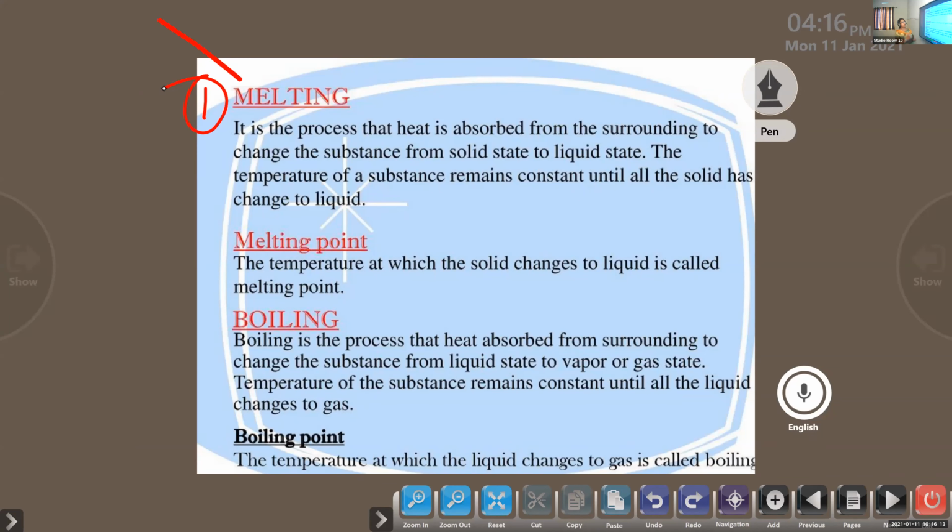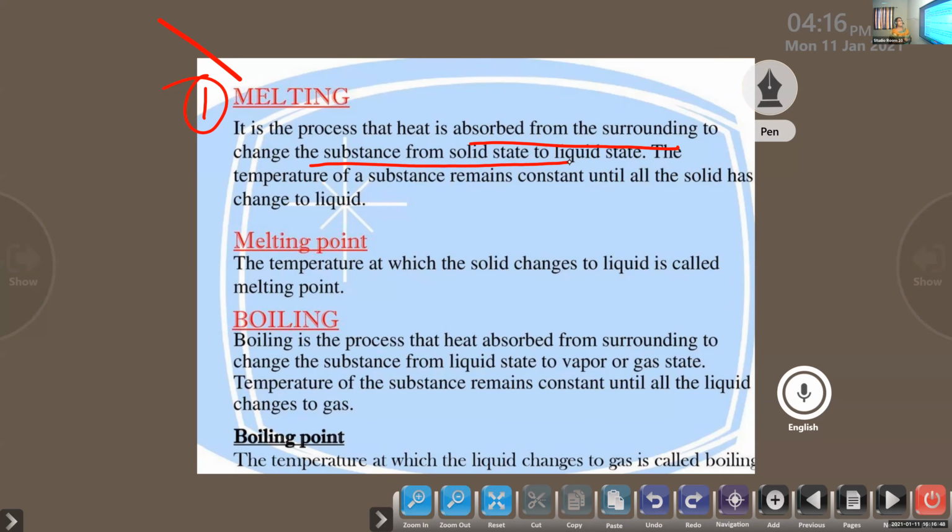It is the process in which heat is absorbed from the surrounding to change the substance from a solid state to liquid state. So that is physically. I think in chemistry also you must have studied the same definition. So in terms of heat energy, we can define the term melting. It is the process in which heat is absorbed from the surrounding to change the substance from the solid state to liquid state.